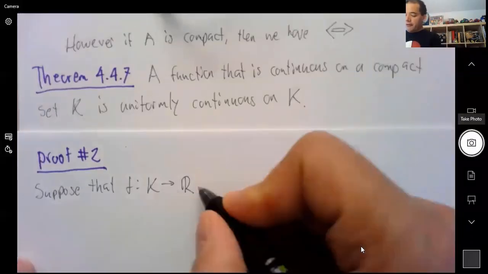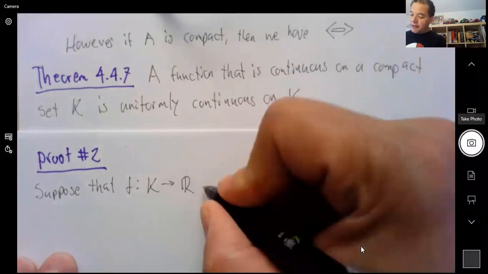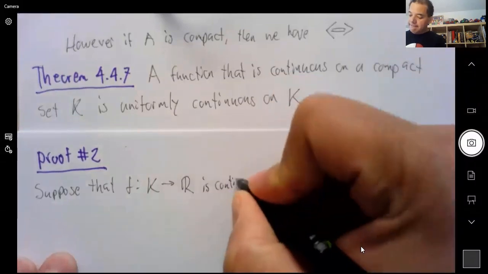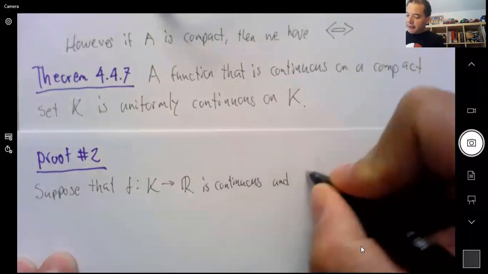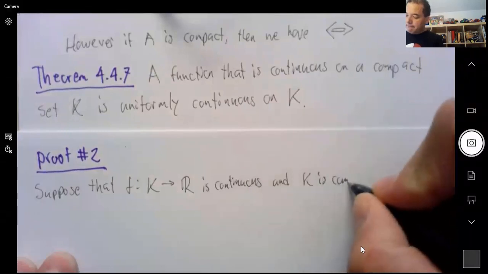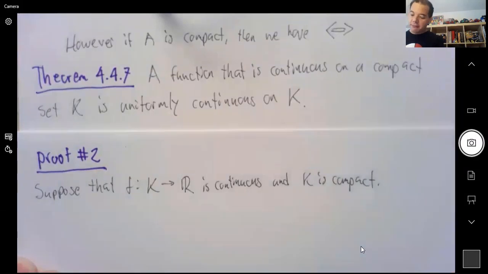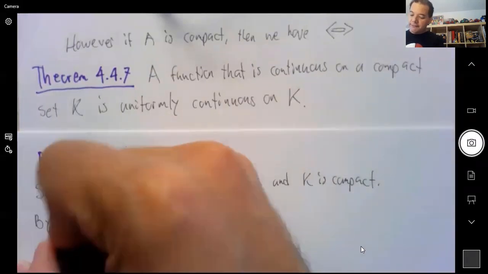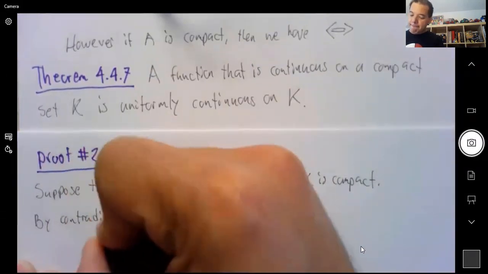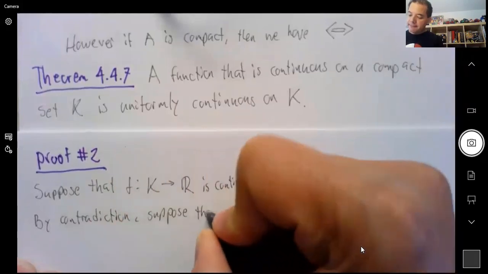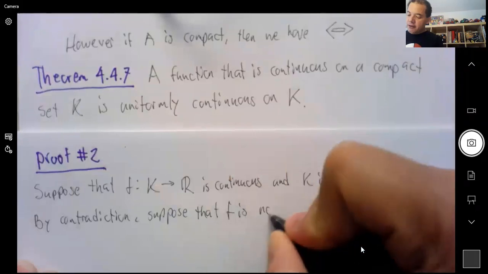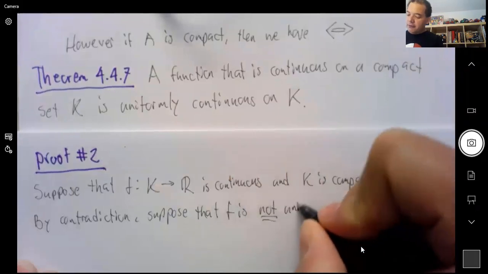We suppose that f from K to R is continuous, and K is compact. That part we start the same. Then, by contradiction, suppose that f is not uniformly continuous.